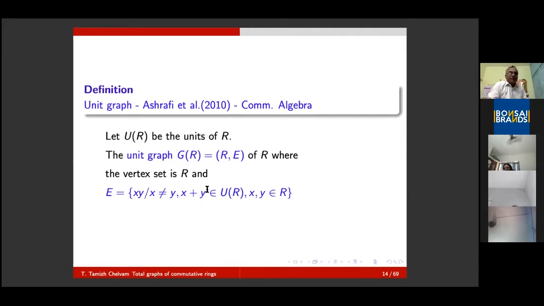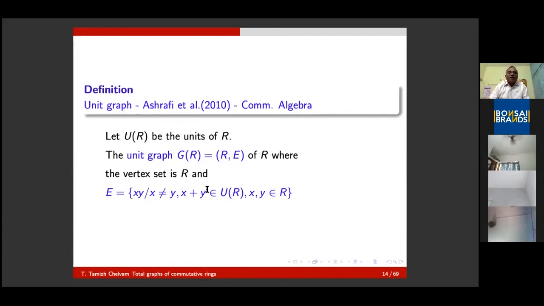Please look at the fact that in the case of the total graph, x plus y is an element of the zero divisors. Here, x plus y is an element of the set of all units. Therefore, in the case of a finite ring, they are complements of each other. Yesterday I informed you that any finite commutative ring is a union of zero divisors and units.